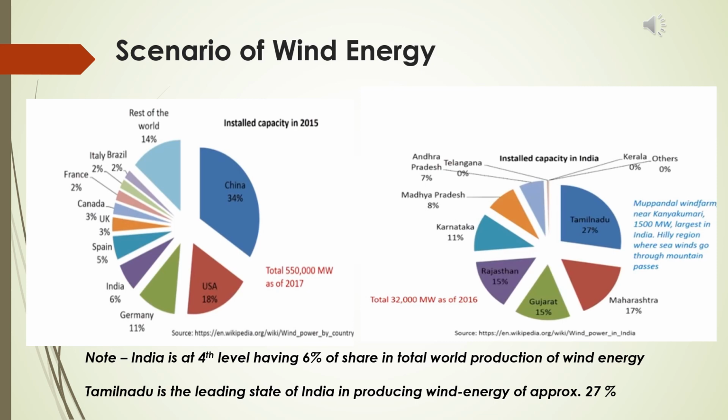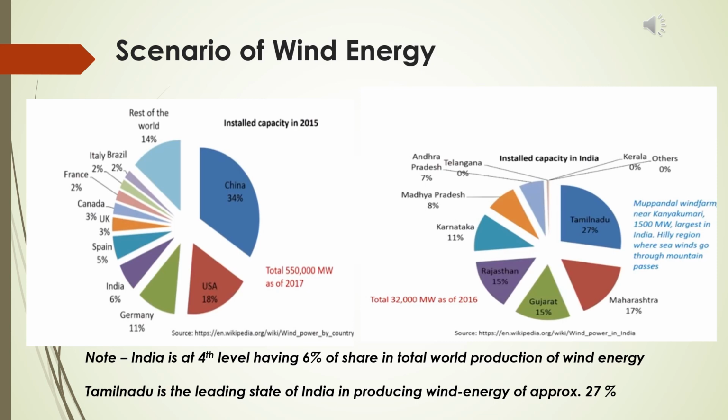In this slide, we'll discuss the scenario of wind energy all over the world and in our country. So, according to the data of 2015, it is appreciable to note that India is at 4th position, having 6% share in total world production of wind energy.